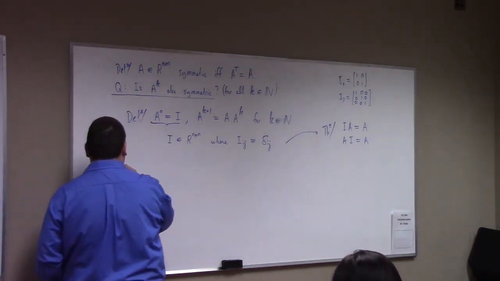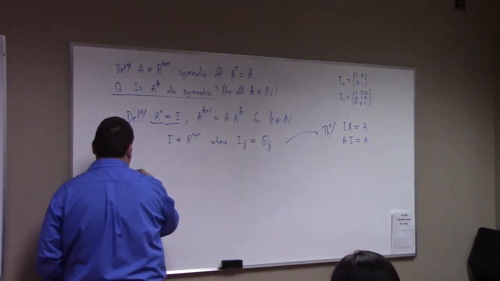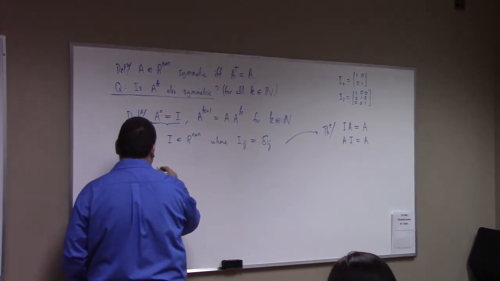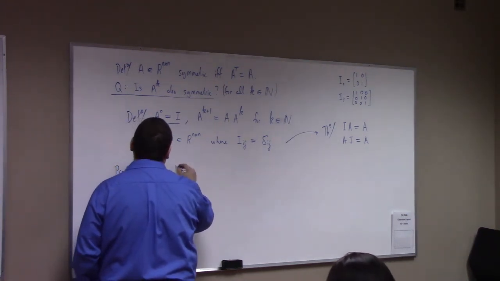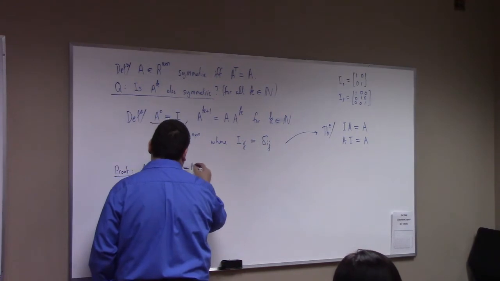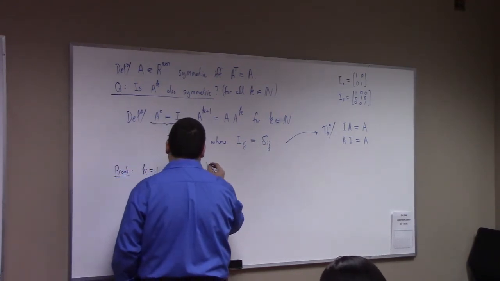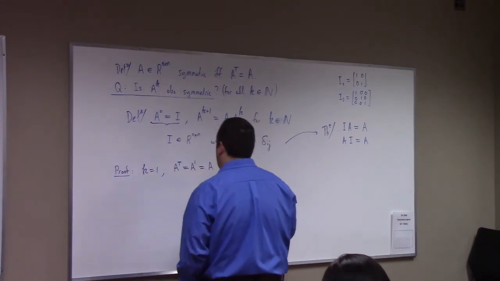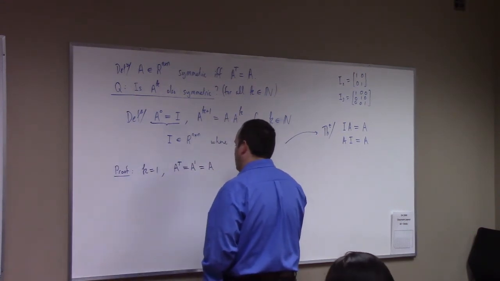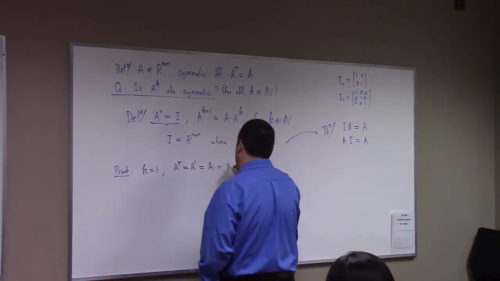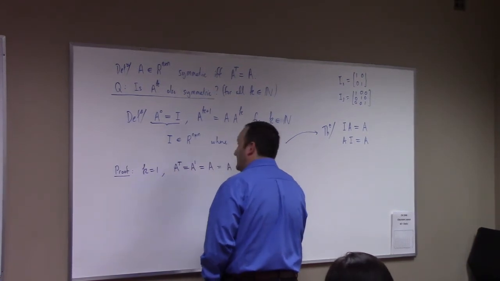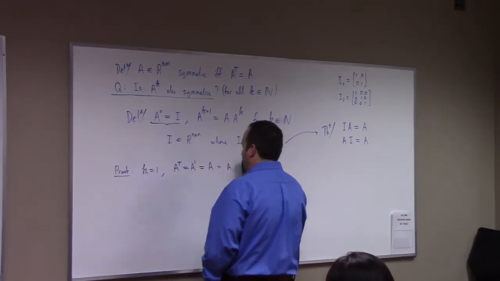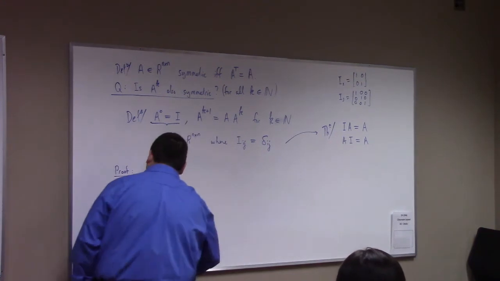Here's the proof. K equals 1. A transpose equals A to the 1 is equal to A. I'm sorry, so what's the induction? Sorry, guys.